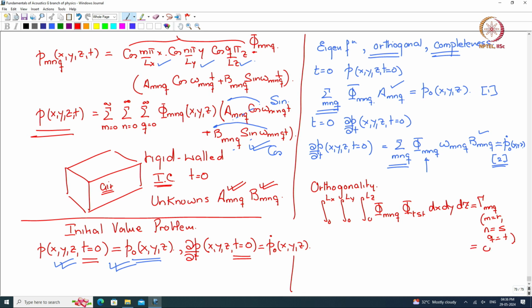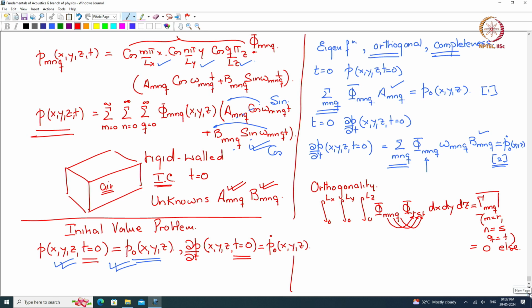It is 0 otherwise. So this index has to be equal to that index, and if you integrate you will get a non-zero constant. If any of these is a mismatch, then it is 0. So that is the orthogonality condition.